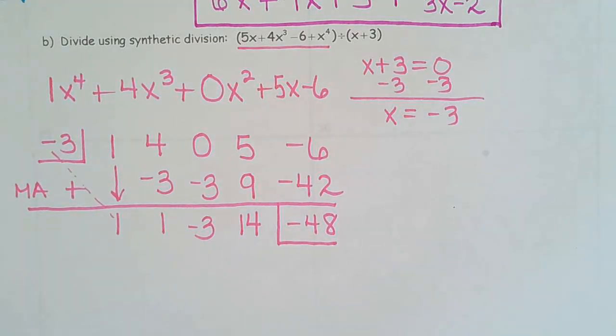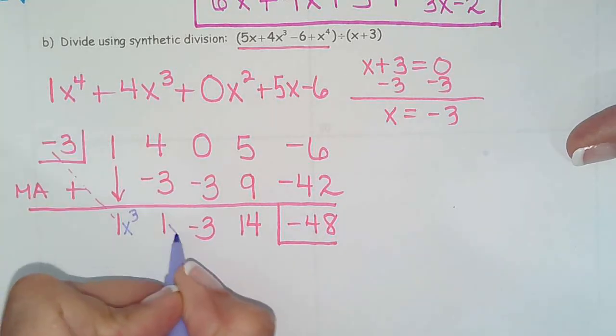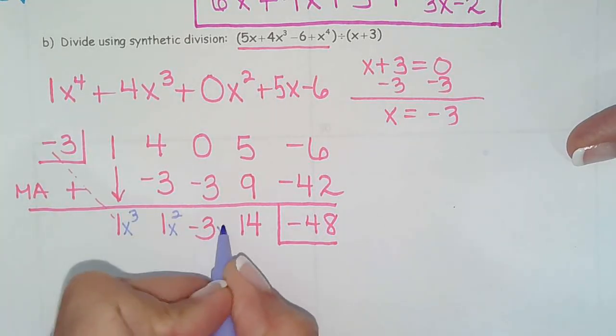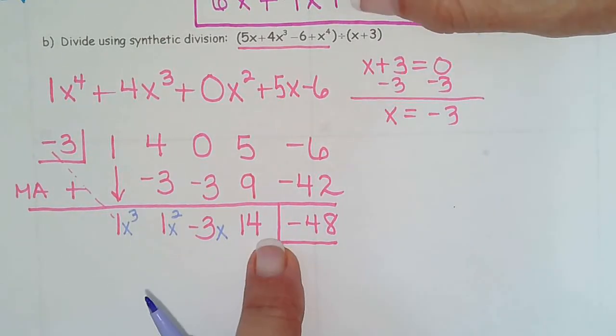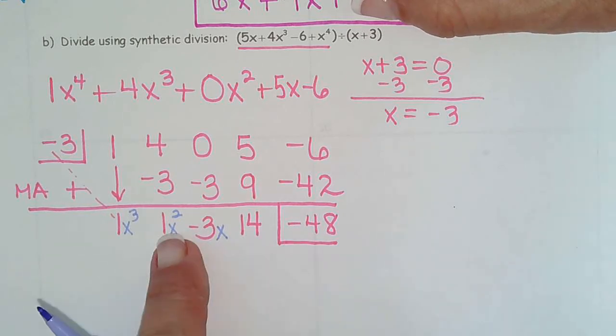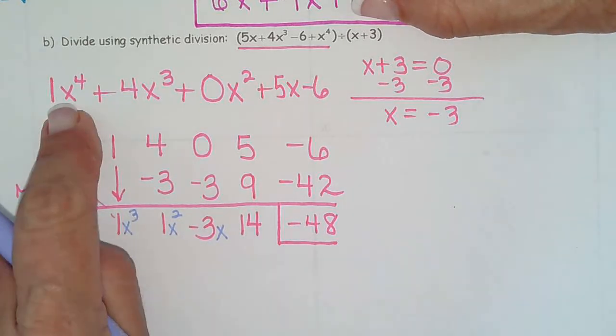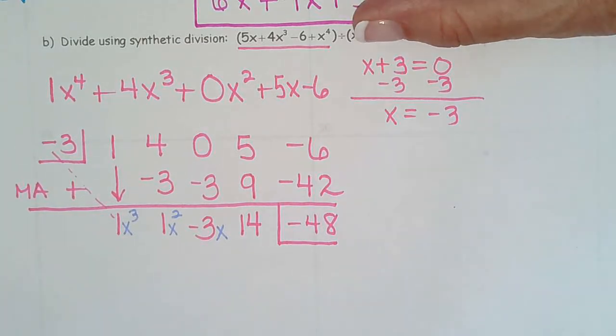So this is going to be x cubed, one less than that, x squared, x to the 1st, constant. I always do it this way. I go, okay, that's my remainder, constant, x to the 1st, x to the 2nd, x to the 3rd. Then I look up and see if it's one less than the original, which it should be.